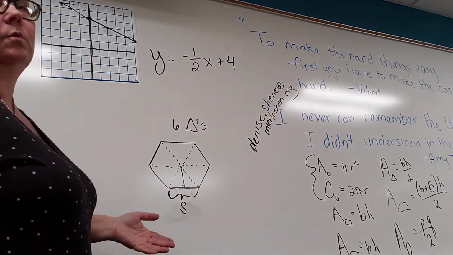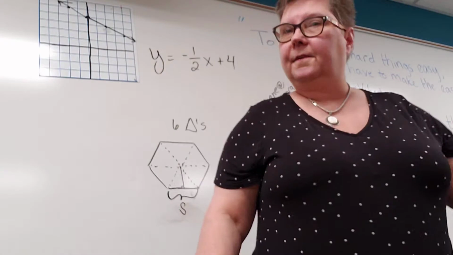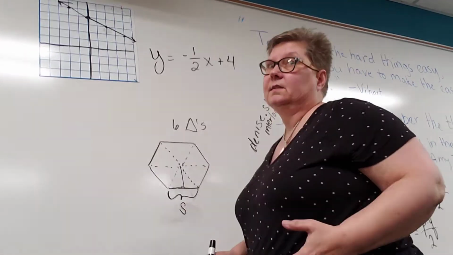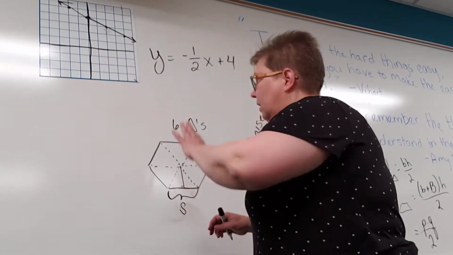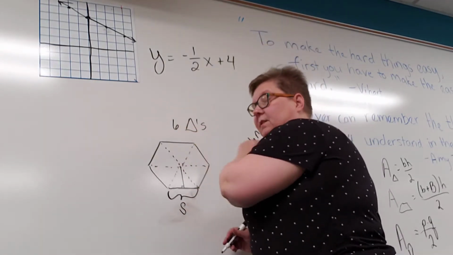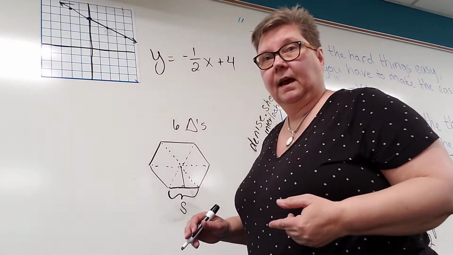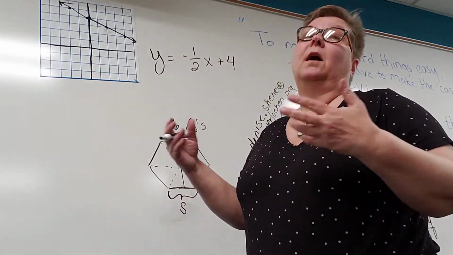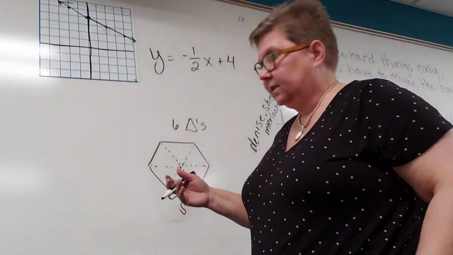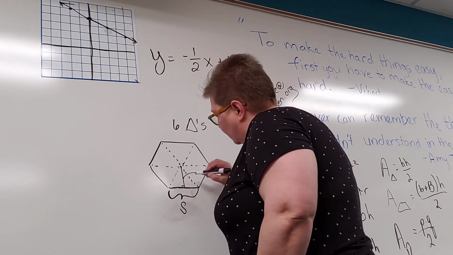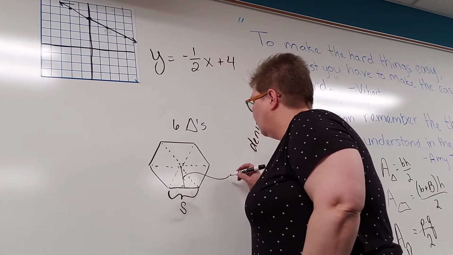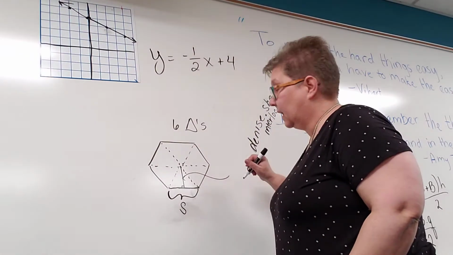Now, if it was another shaped figure, let's say it has n sides. So we'll talk about it being a hexagon first, then we'll move into the fact that maybe it's some other number of sides.